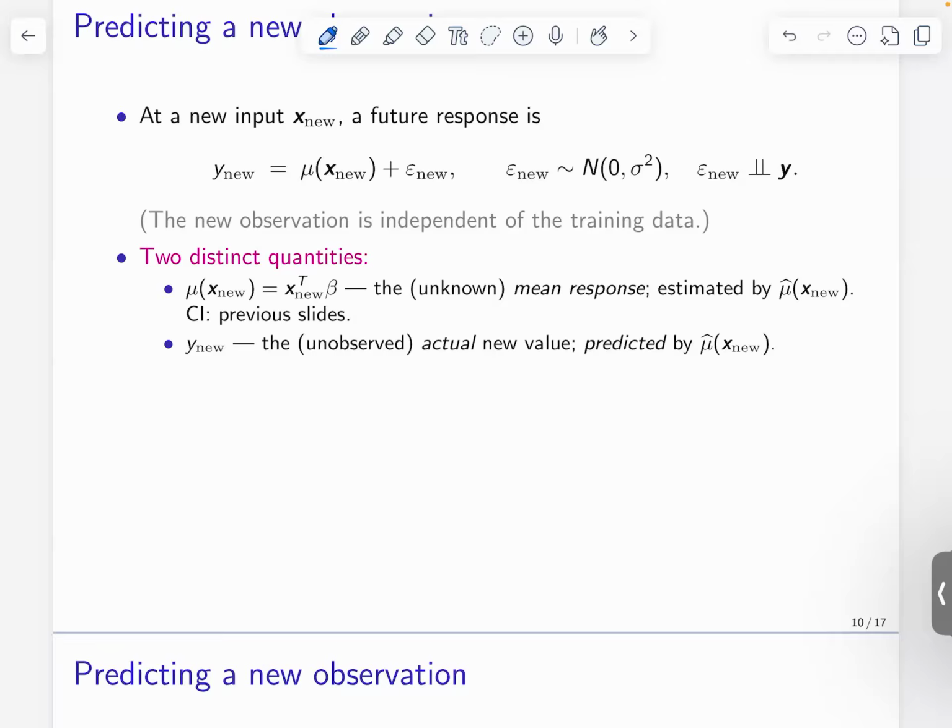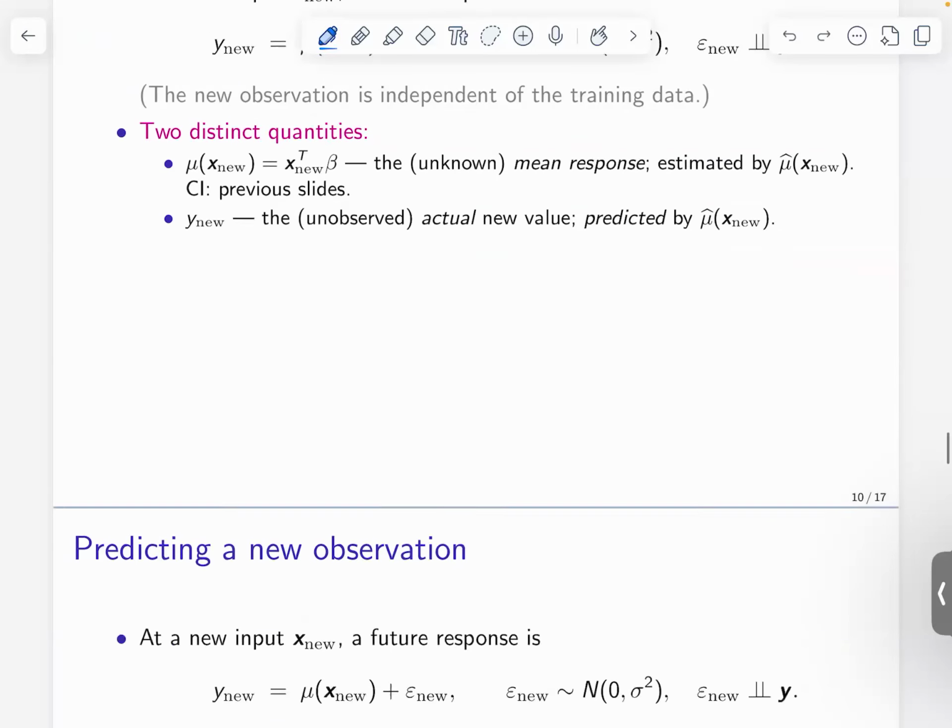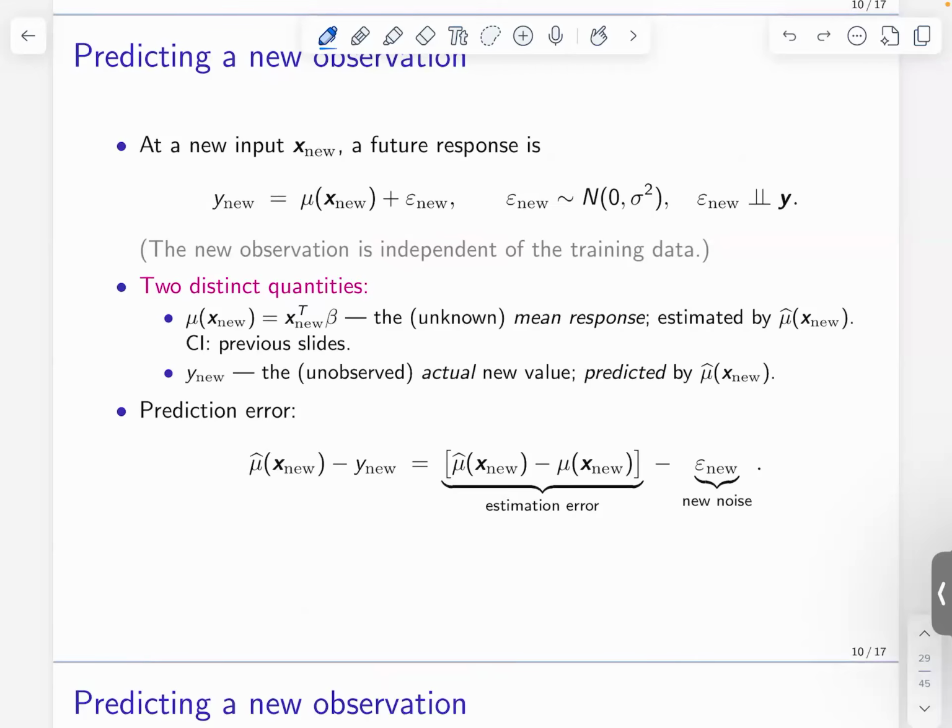If I want to actually predict y nu, we still predict it by mu hat x nu, but if I want to build a prediction interval, that would have to account for the extra noise. I'm not going to worry too much about the wording. What matters is you understand the extra variance.